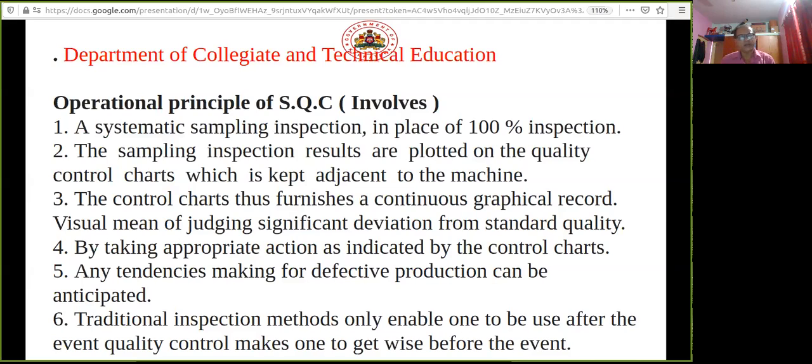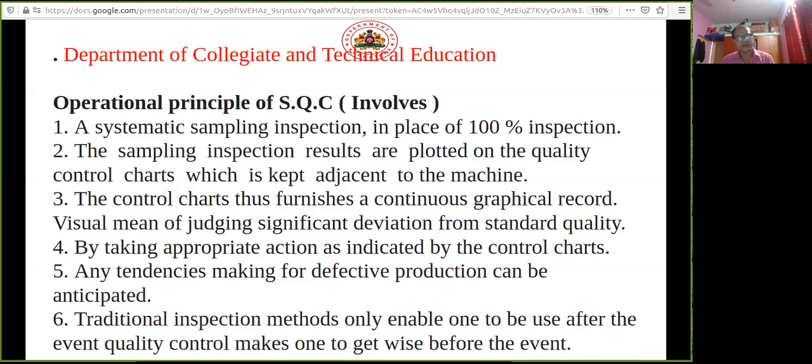There are so many quality control charts, like X bar R chart, P chart, NP chart, C chart, like that. There are many charts. Once again, these charts are classified into two categories that you will be studying in the next chapters.